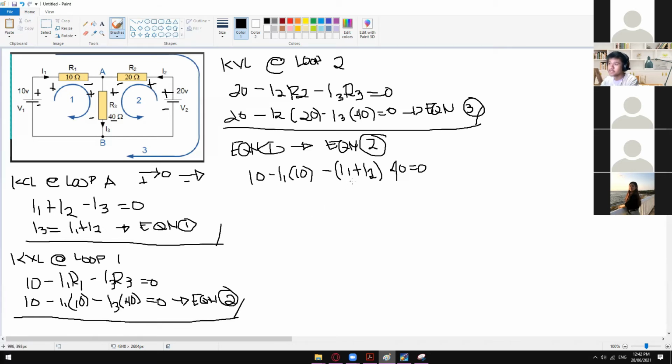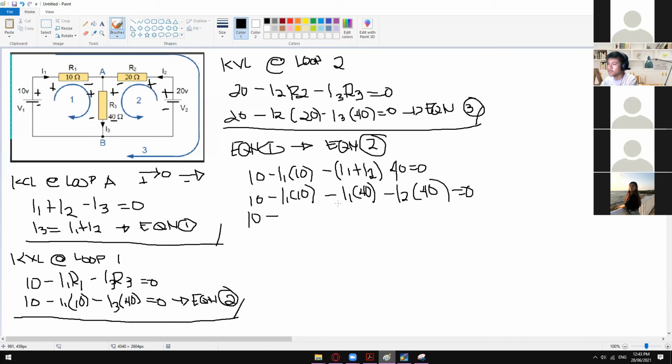In here we can simplify this one a little bit more into 10 minus I1 times 10 minus I1 times 40, minus I2 times 40 is equal to 0. Just combine similar terms.